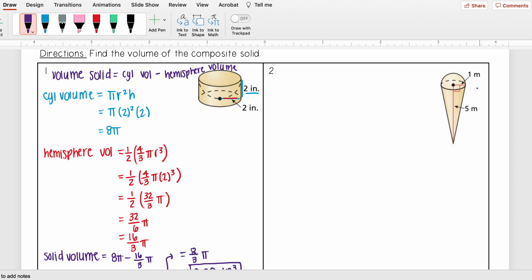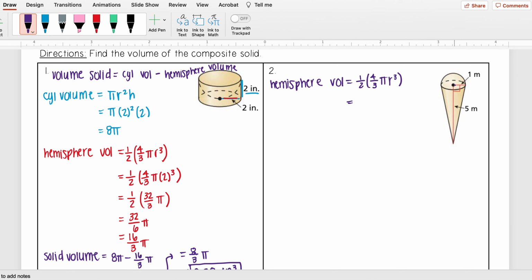Now for number 2, I see I again have a hemisphere, and this time I have a cone. So to find the volume of this solid, I'm going to need to find the volume of the hemisphere and add it with the volume of the cone. Well, hemisphere volume, again, is 1/2 times the volume of a sphere, which is 4/3 pi r cubed.